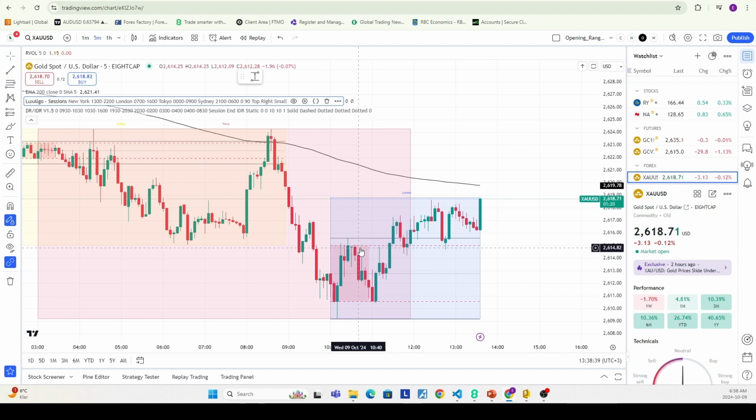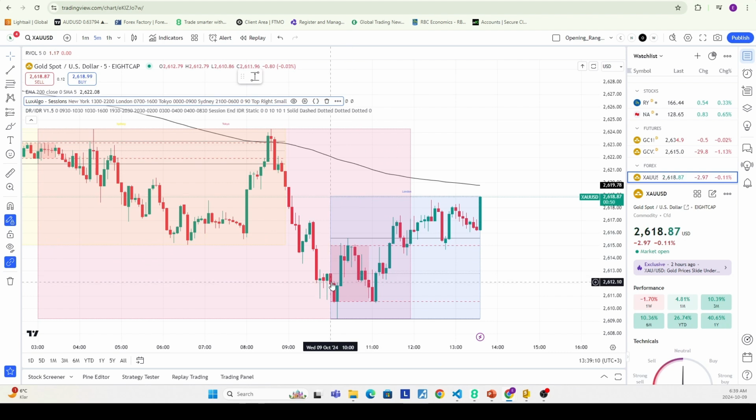Specifically here, the intra-session filter, which is also mentioned by Artie in the moving average, would state that you only want to take longs, let's say in the London session, if the London session had a bullish open to close of your DR. So for instance, the difference between the open and the close price of the DR would be a positive difference. That would mean you should go long.